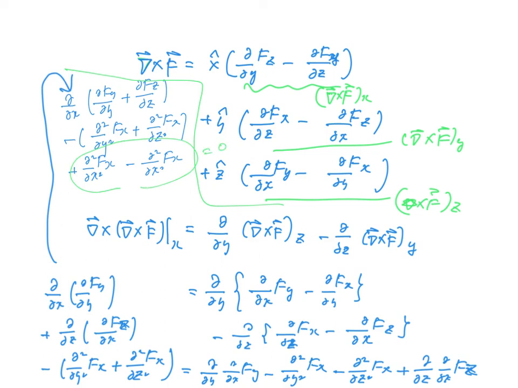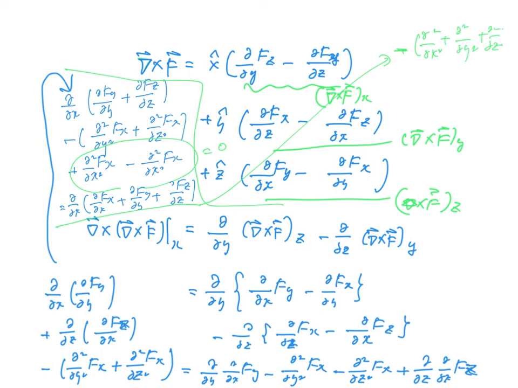So that means we have partial x partial x partial fx, partial y partial fy, partial z partial fz. And maybe I can add this minus partial x square plus partial y square plus partial z square fx.